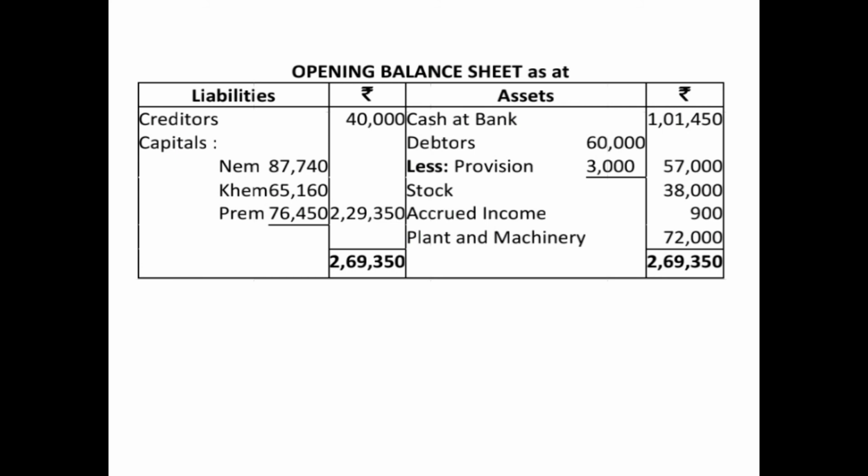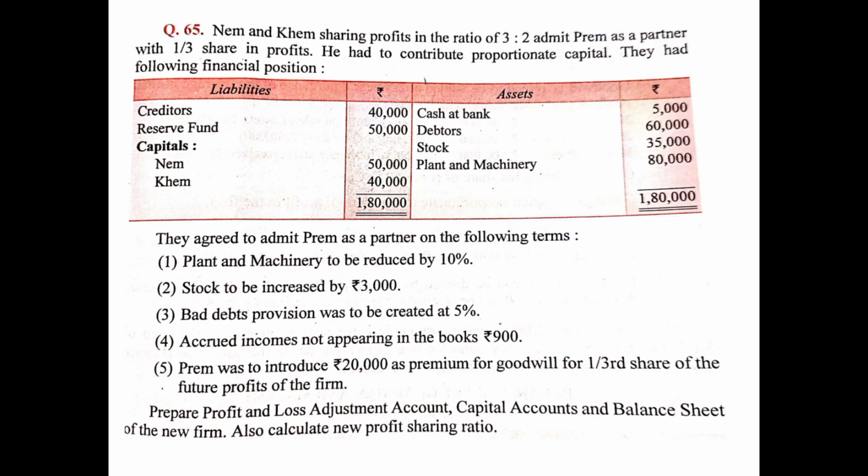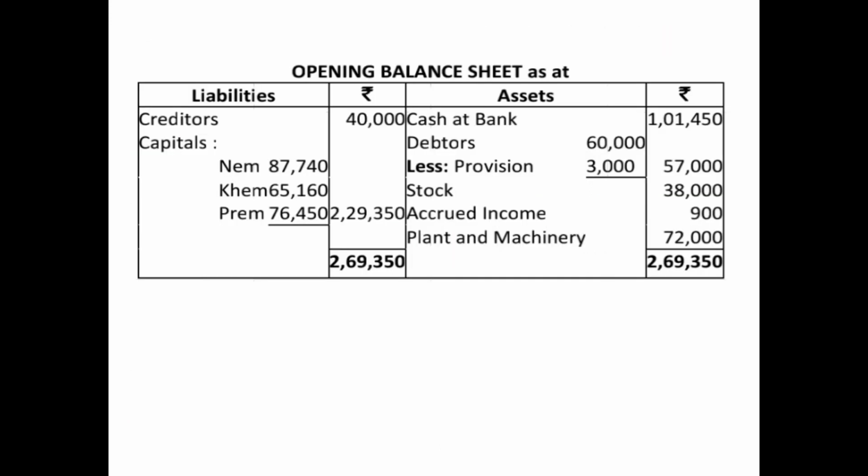Now coming over to the value of cash at bank. As you can see here, the value of cash at bank given before the admission of the new partner was 5,000, and after the admission of Prem, it has come to 1,01,450. Why?